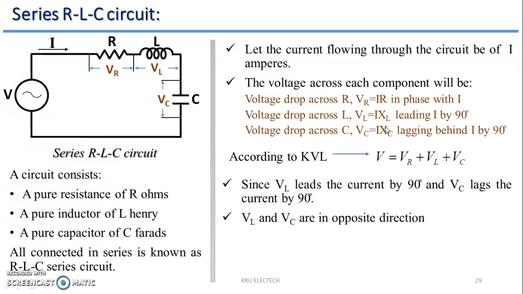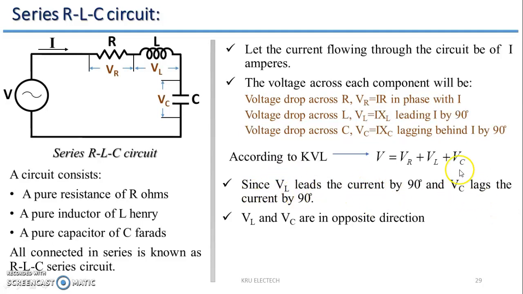Suppose we take the current as a reference, because in the circuit only a single current I is there. Then VL leads the current by 90 degrees. VL is ahead of the current, because in an inductive circuit the current is lagging, that's why VL is leading.